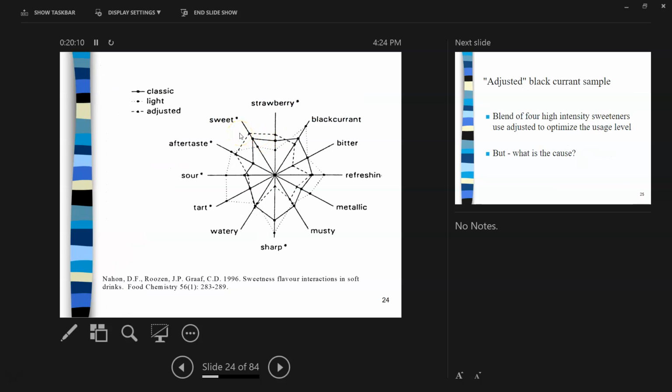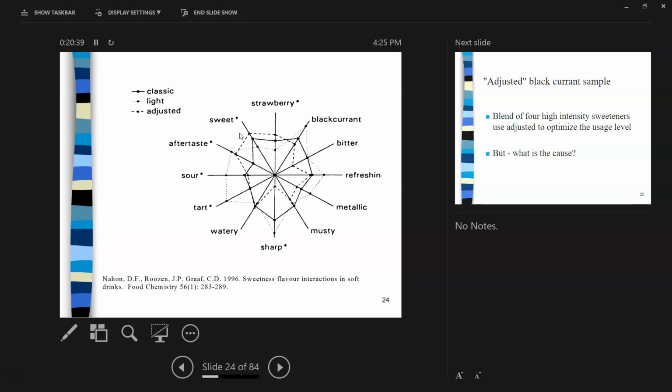What some companies do, though, is look at blends of high potency sweeteners, and that's what we see a lot of today. Not depending upon a single sweetener, but blends of them. This is looking at a particular beverage, and I no longer remember what it is. It's the classic with sucrose. This is the light with one high potency sweetener. This has multiple high potency sweeteners.